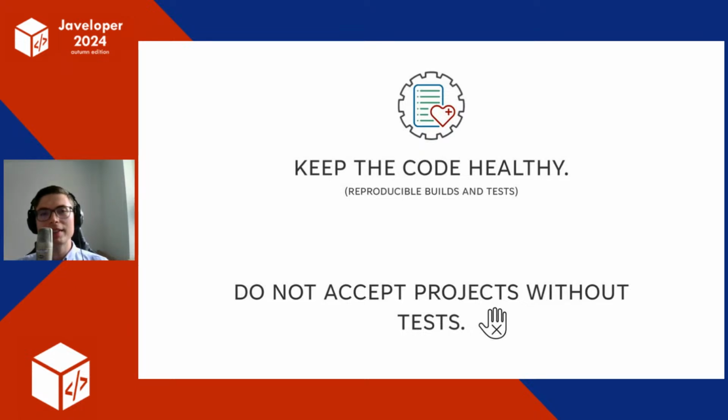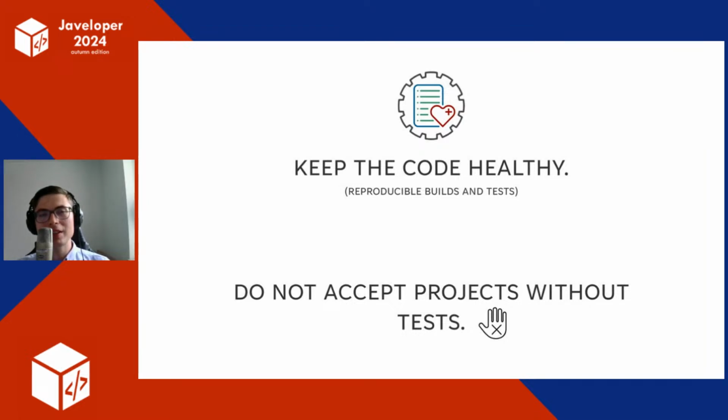If the code is not healthy, the builds are failing sometimes, or the tests are unstable, flaky, like passing one time but failing the other time, then when I'm doing this kind of change, like upgrade to a new version of Spring Boot, and the tests are failing, but they are expected to fail, or some kind of test is failing one time but passing the other time, then how do I know that I'm not in fact breaking anything?